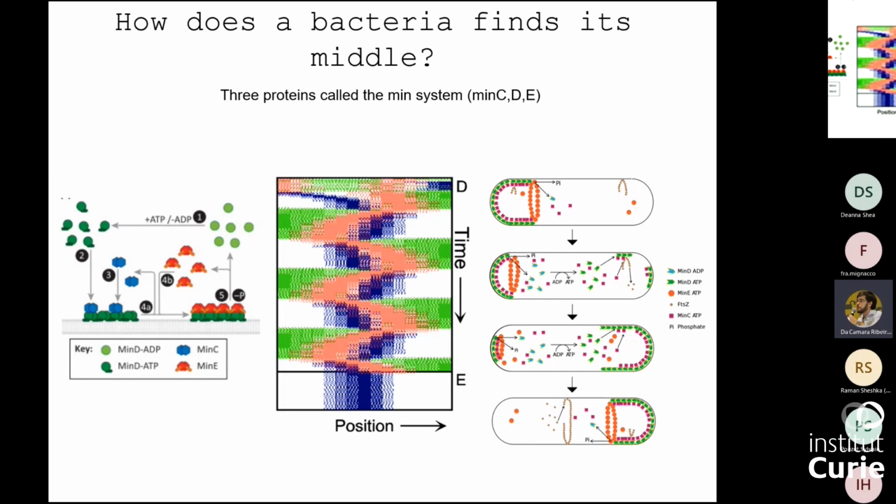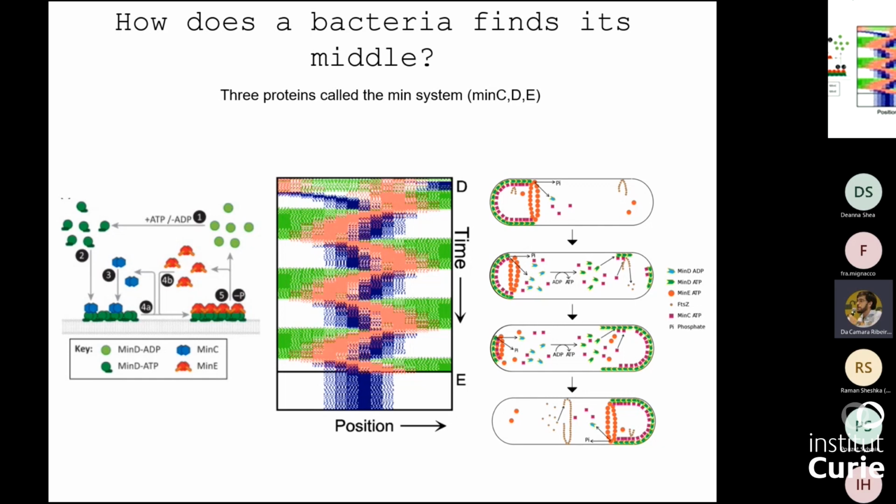And the end product, we will not go into the detail, but the end result is that you have this wave of oscillations where one of the enzymes here covers the pole, and then it starts to detach. This reaction accelerates, and they reattach on the other side. And then the second enzyme comes, triggers the reaction, so everybody detaches and goes on the other side, and so on and so on. And you see here a cartoon representation of the enzyme concentration across time and space.